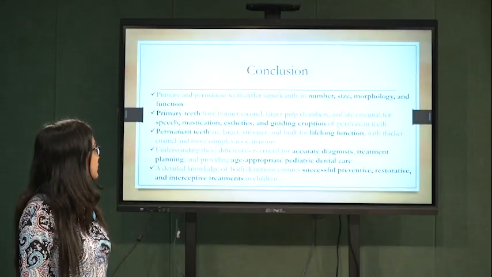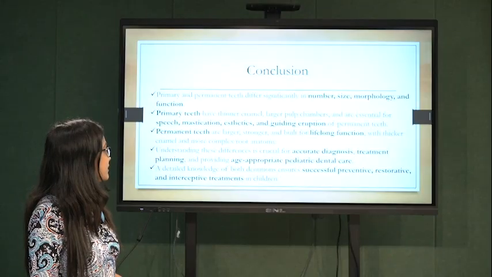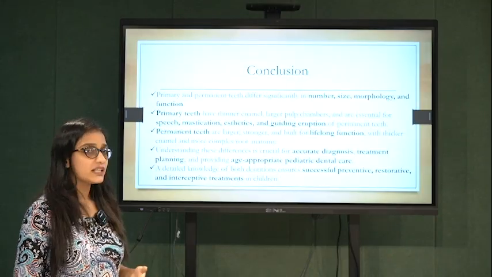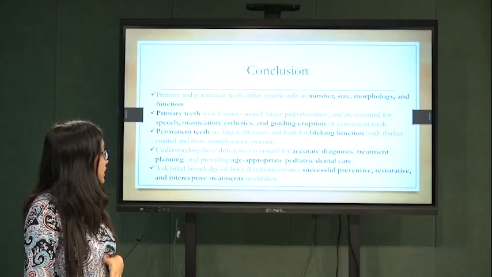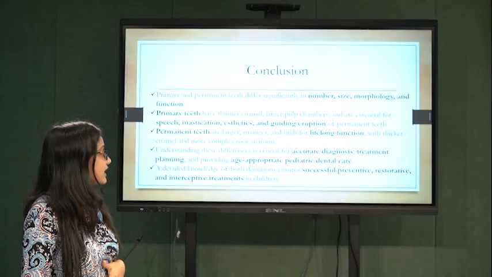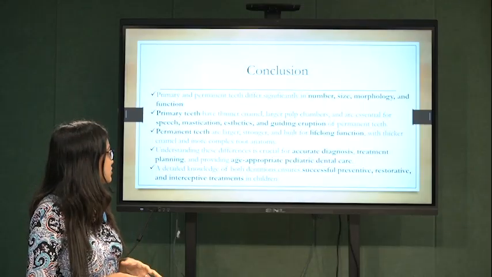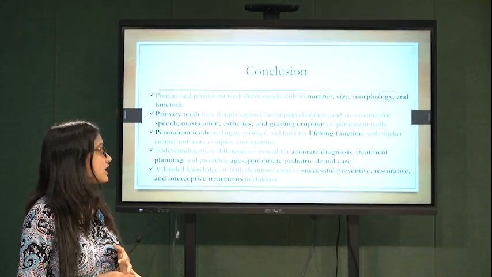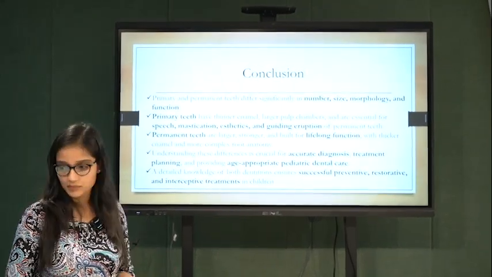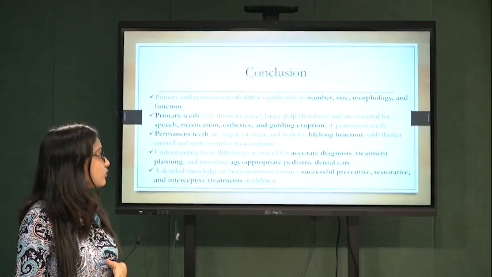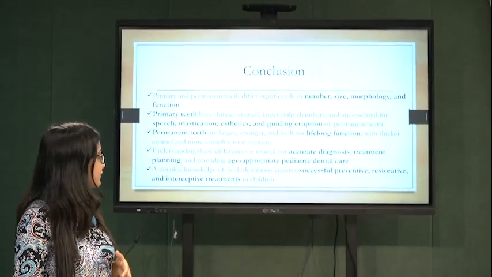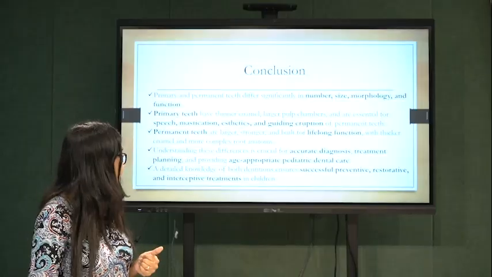So I would like to conclude that primary and permanent teeth differ significantly in number, size, morphology and function. Primary teeth have thinner enamel, a larger pulp chamber, and are essential for speech, mastication, aesthetics and guiding eruption of the permanent teeth. Permanent teeth are larger, stronger and built for lifelong function, with a thicker enamel and more complex root anatomy.